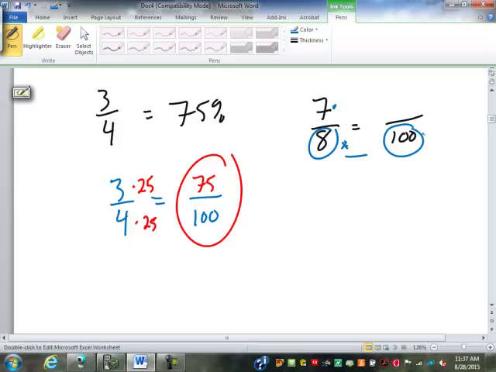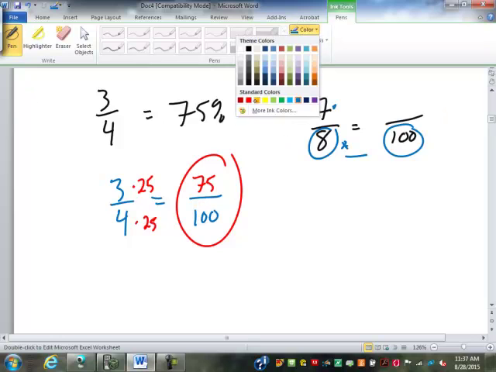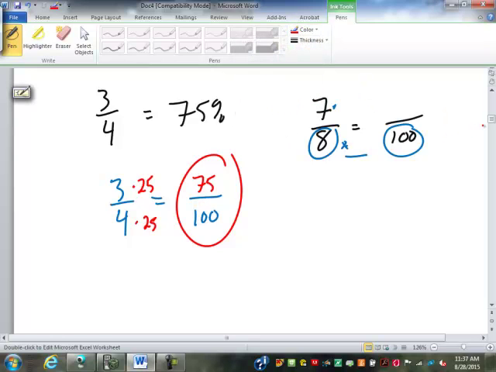To simplify that, they've come up with a process called cross-multiplying. Cross-multiplying means you just multiply the diagonals. The 7 and 100 are on the same diagonal, so it's 7 times 100, which is 700. Now I'm going to put an x here to represent that missing number. 8 times x is 8x.